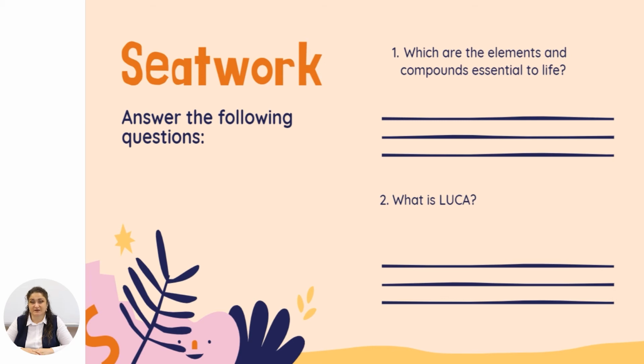These are hydrogen, nitrogen, methane, phosphates, carbon dioxide, and ammonia. And LUCA is the last universal common ancestor of life. So this is the first organism that was formed in the fissures of the Earth's crust, and thanks to it, we exist now. Everything around us exists.